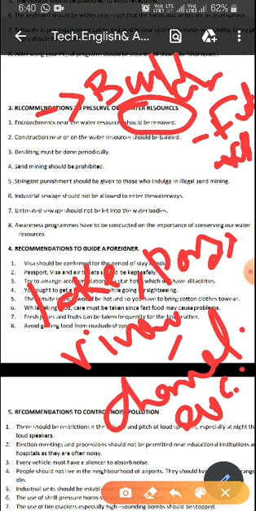Desilting must be done periodically. Monitoring. Okay. Sand mining should be prohibited. Sand mining, you can understand what it is. On the riverside there is so much sand, the river sand, which is very much needed for construction.